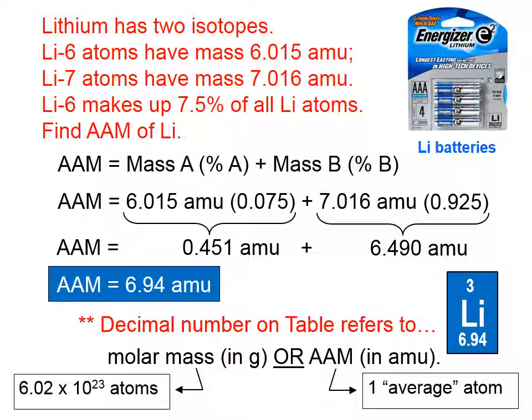So the periodic table has been rigged such that this decimal number has two meanings. You put grams after it, it's the mass of 1 mole, or 6.02 times 10 to the 23rd of those atoms. If you put AMUs after it, it's the mass of one average or one typical atom.